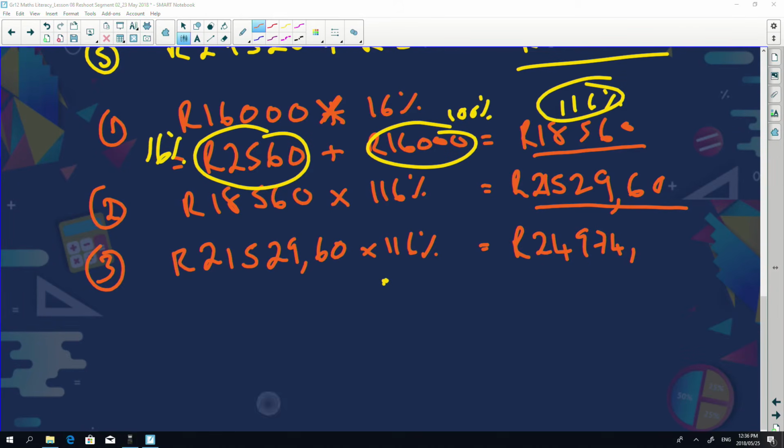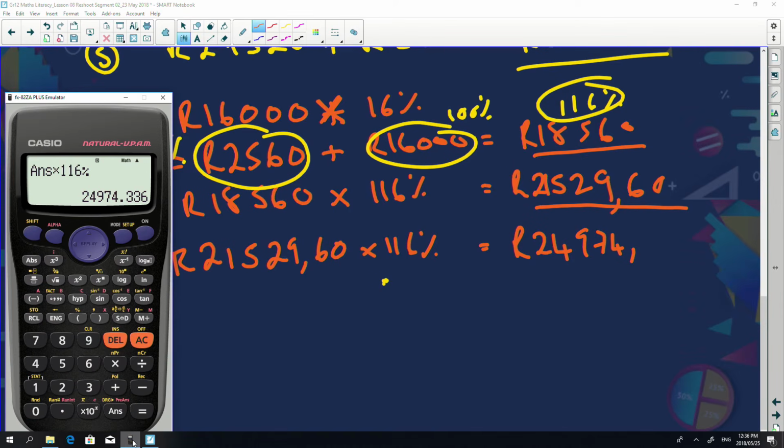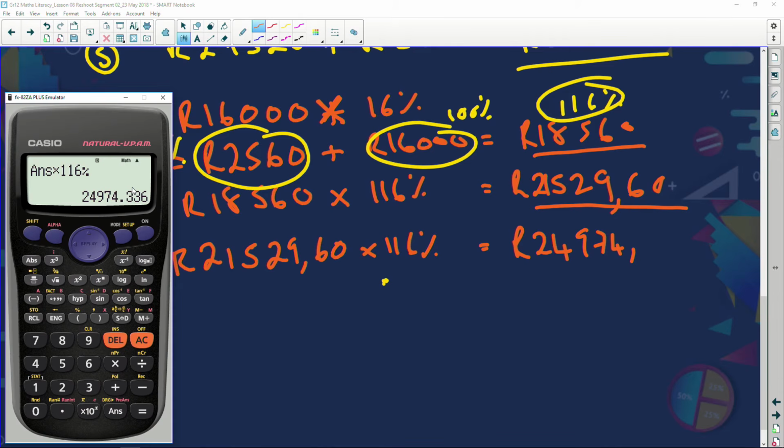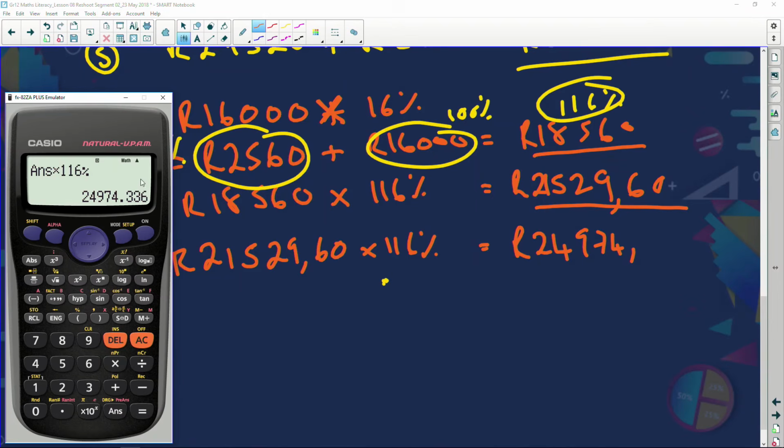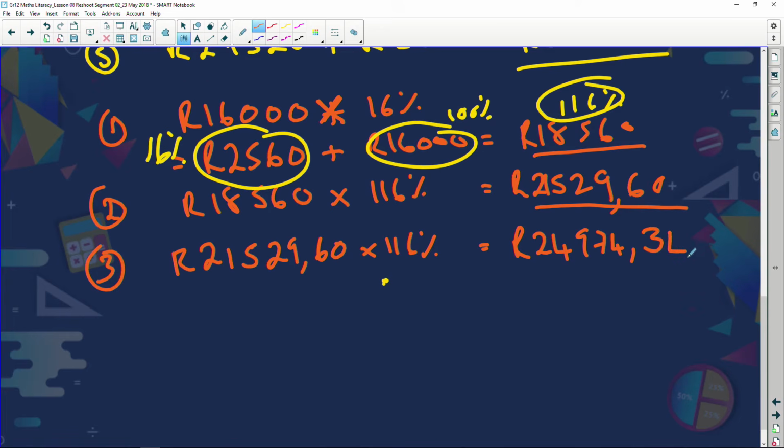And just have a look here quickly at the cents. The cents are 336. Can you see that? But in our money, we don't have 336. We've either got to make it 33 cents or 34 cents. Now that 6 is telling me, wait, make that 3 a 4. So I'm going to say 34 cents.